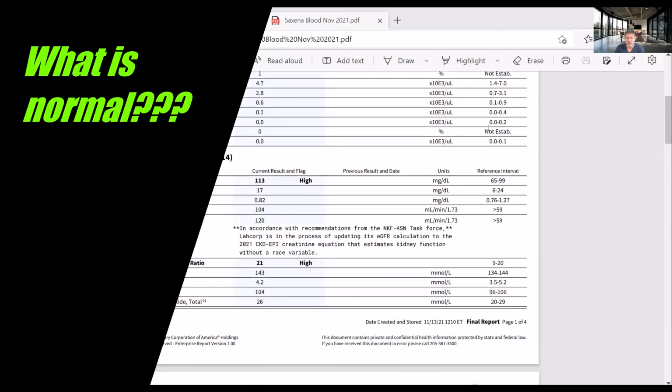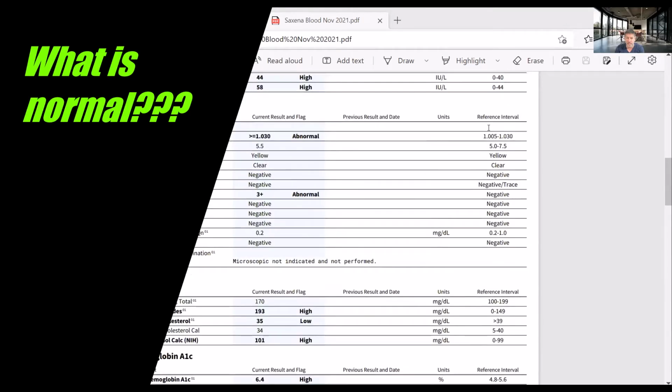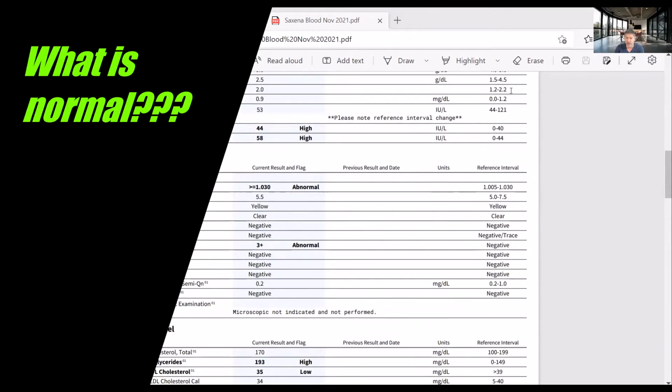You'll see on the right-hand side, where hopefully you see me moving my mouse, reference interval. These are averages, and these averages are geographic and lab consistent. What does that mean? It means these averages depend on where you live and which lab you go to.